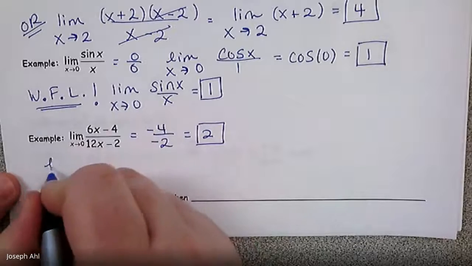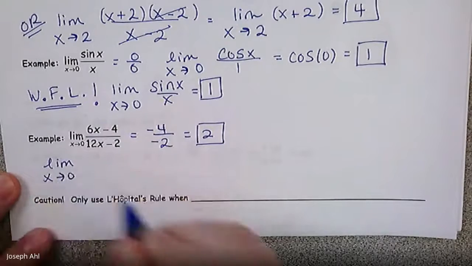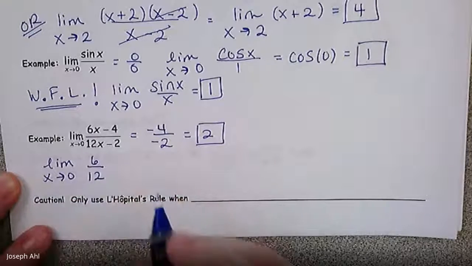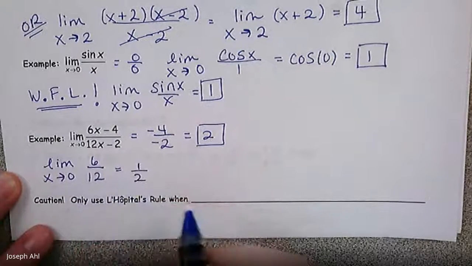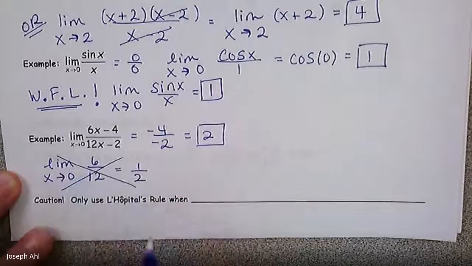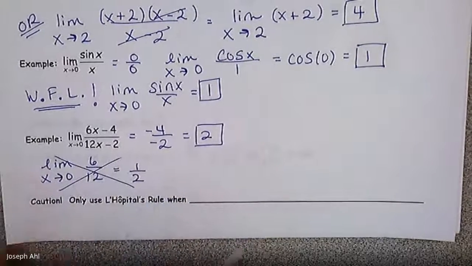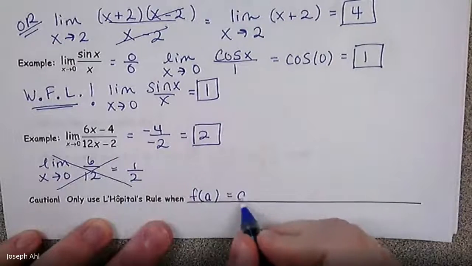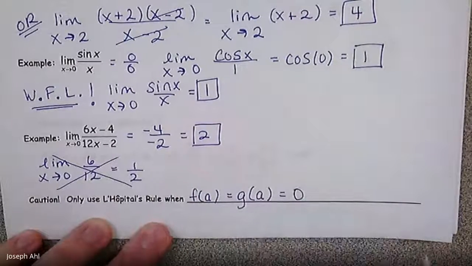Look what happens if you find the derivative of the top and bottom and try to use L'Hopital: the derivative of the top is 6, the derivative of the bottom is 12, so now all of a sudden you're getting 1/2. L'Hopital is only applicable when the function on the top at A equals the function on the bottom at A, which is 0.